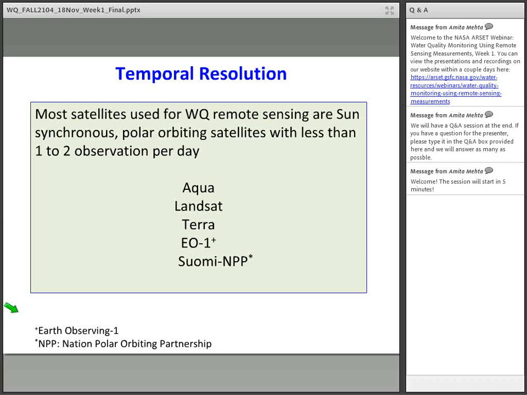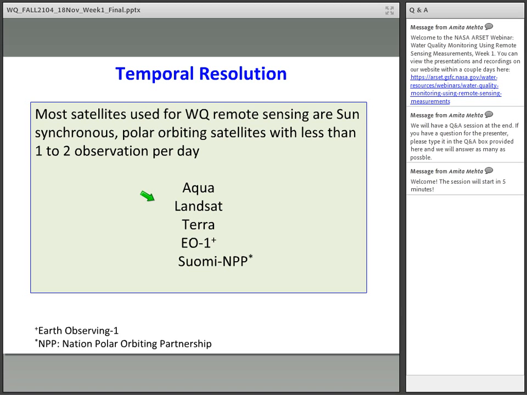Okay, so we are going to talk mostly about these satellites for water quality parameters. These satellites are in polar orbit, and they are called sun synchronous because they measure radiation at the same time, AM and PM, every day at a given location.